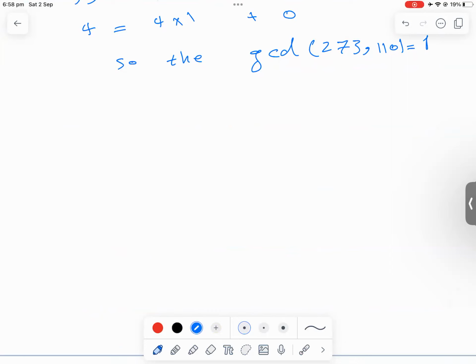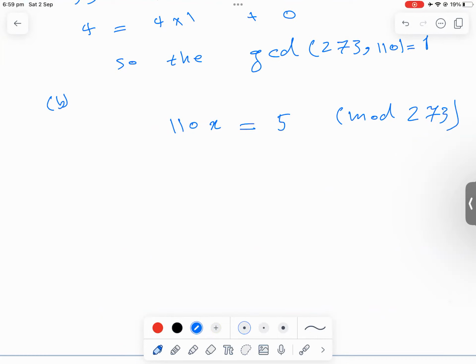We want to do part B: 110x is equal to 5 in mod 273. I'd like to find x, and to be able to find x, we need to multiply both sides of the equation by something such that x will be alone.